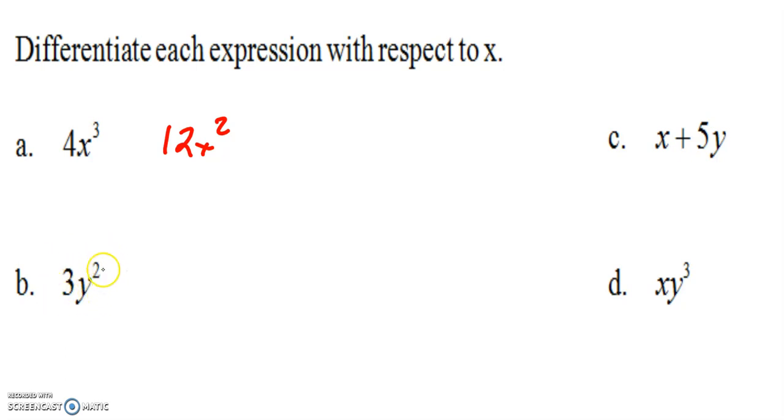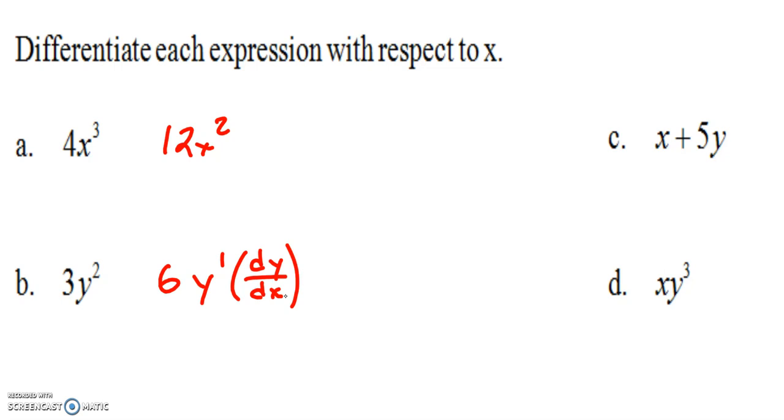We still do our power rule, 2 times 3, so 6, of that something raised to the first power. We still leave that something raised to the first power, but now we have to do the derivative of y. The derivative of y is dy dx, the derivative of y with respect to x. So we're implicitly doing differentiation, but it's essentially just the chain rule.